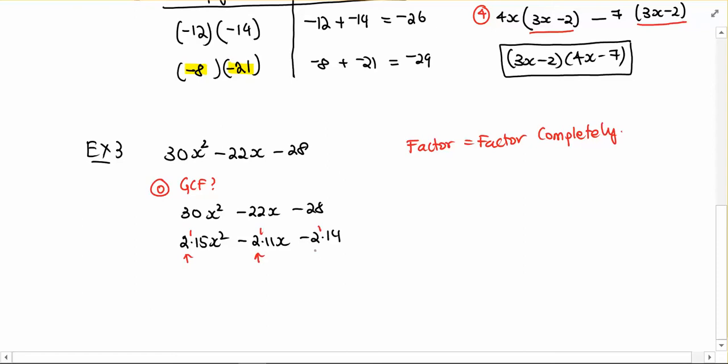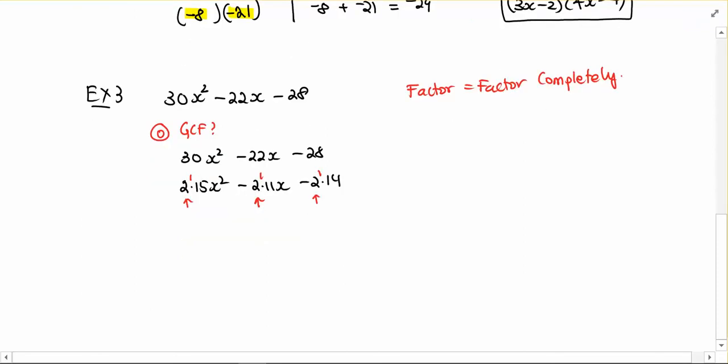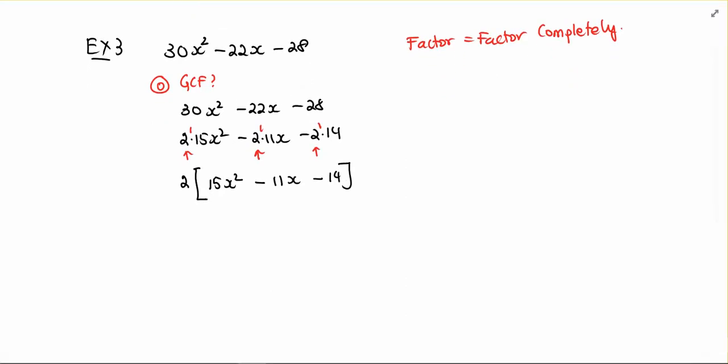So this problem has a GCF all the way through, so I'm going to take care of that right now. And that immediately makes my problem a little bit easier because the numbers have become a little bit smaller. So now I can start my AC steps.